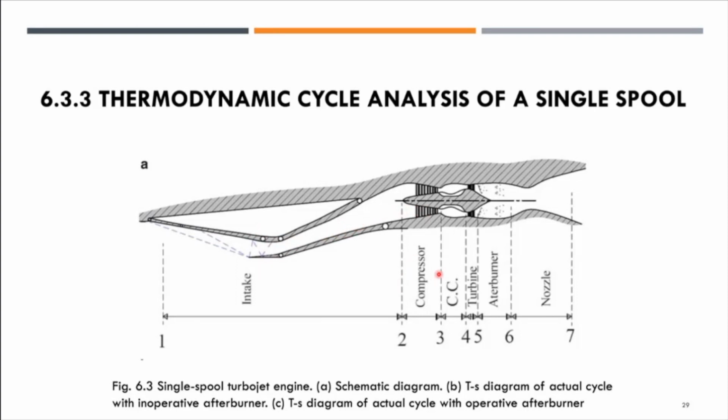From 2 to 3 is the combustion chamber, CC, then the turbine from 4 to 5, and the afterburner, where fuel is injected to this area before combustion occurs again, a second time, and the flow goes to the nozzle. We have a convergent-divergent type of nozzle arrangement for this particular example.